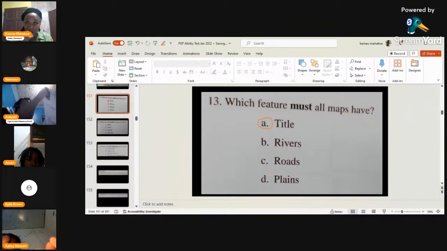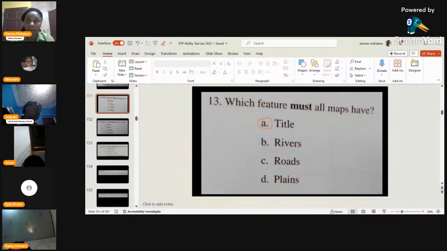But we also have political maps that show the borders and the capitals and the names of the different countries and their territorial waters. All of that would come under the political map.